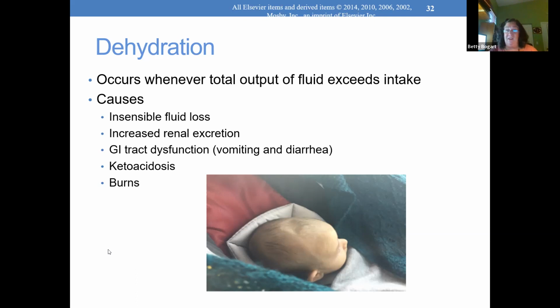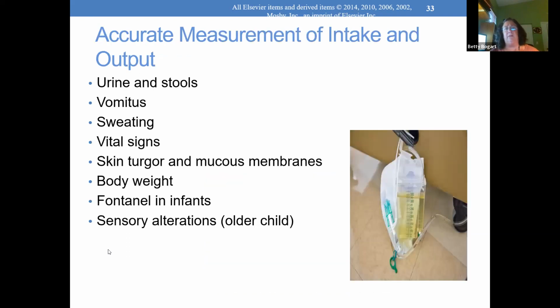Sometimes it's sweating, the kids go out and sweat and run around and don't replace the fluid, and that can cause it. That's something that should be easily corrected. Ketoacidosis can cause dehydration, and burns damage the tissues, so they get rid of fluid also.